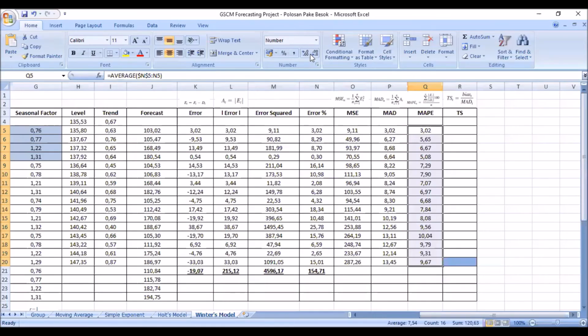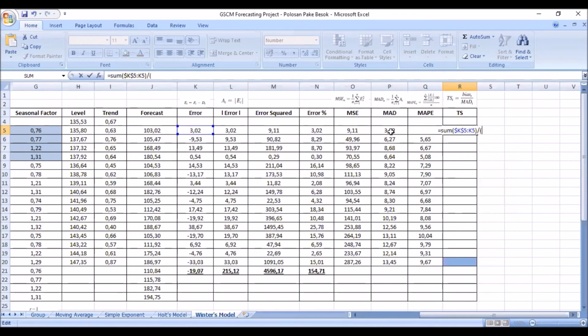And lastly, we're going to go to the TS, which we're going to do by using the Excel way first. We're going to use the sum to count the error. And remember, don't forget to stabilize the first value as usual, so it can retain its value and be accumulative until the end.